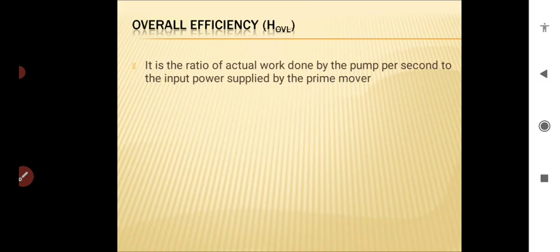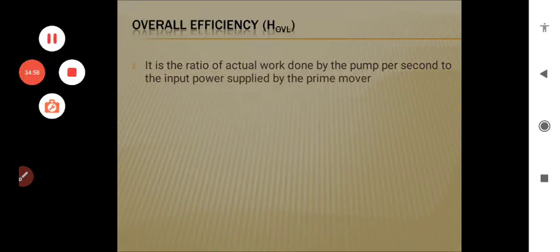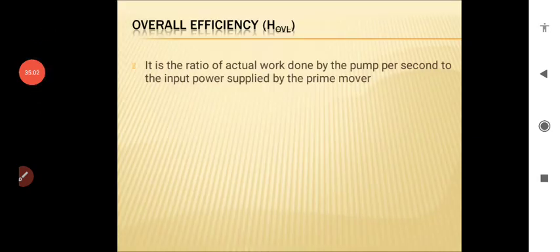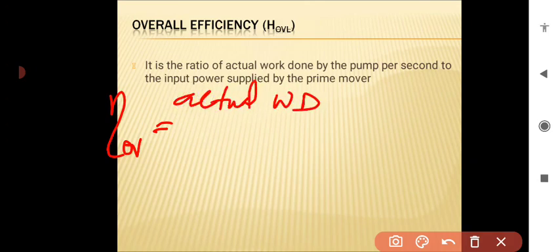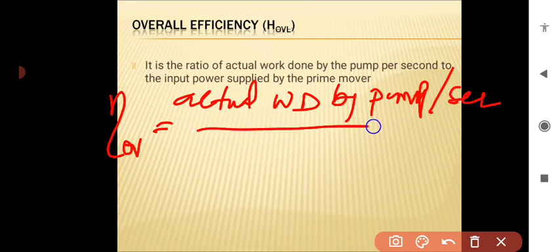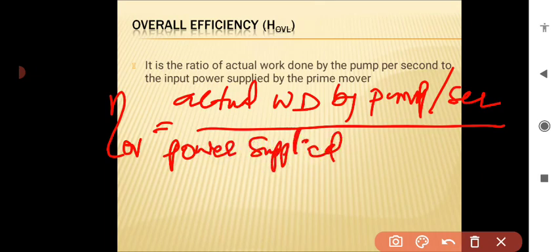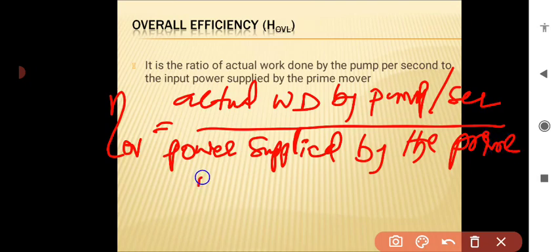And next one is the overall efficiency. Overall efficiency is the ratio of actual work done by the pump per second to the input power supplied by the prime mover or shaft power SP.